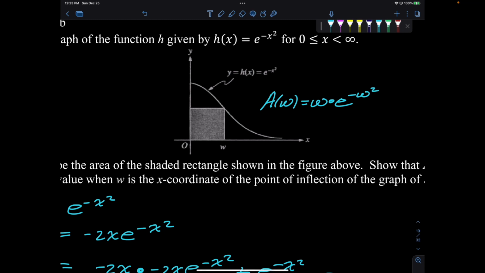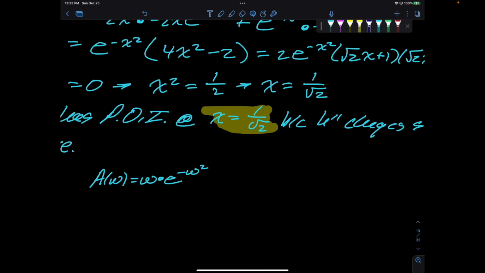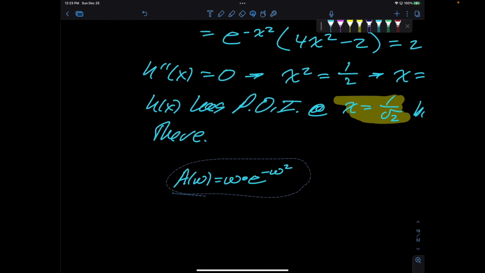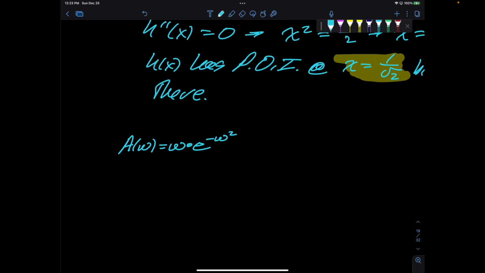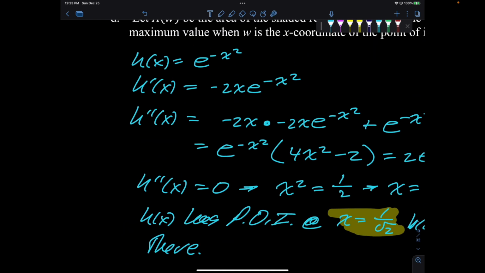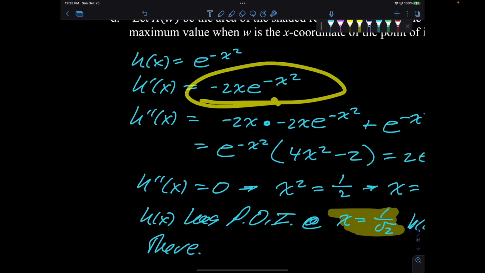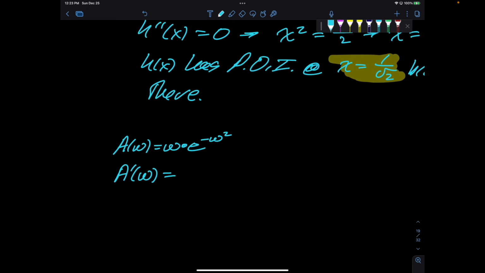Don't they sort of have to have the same thing? This is basically half of this, not exactly half, so we're definitely going to get the same value out of it.